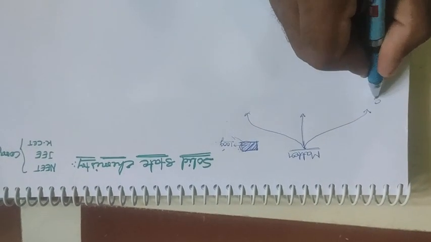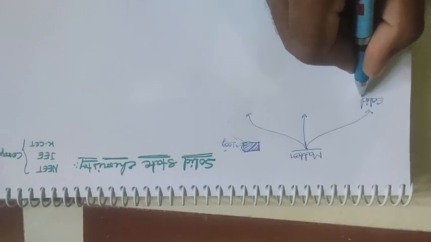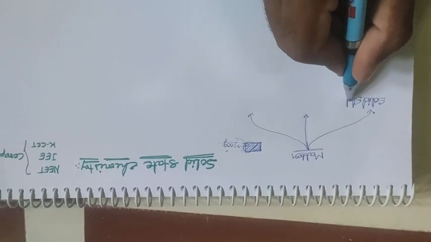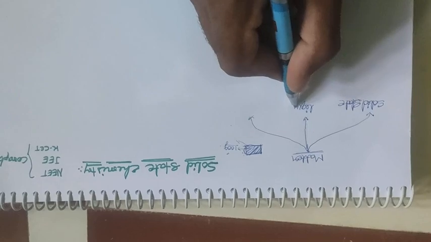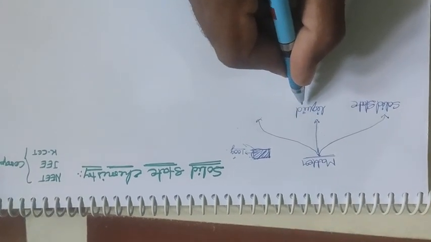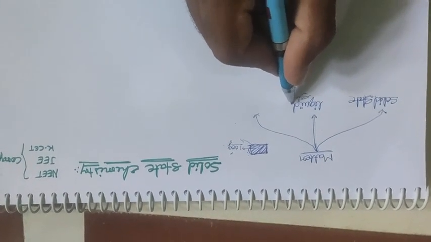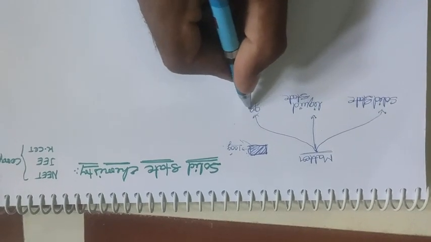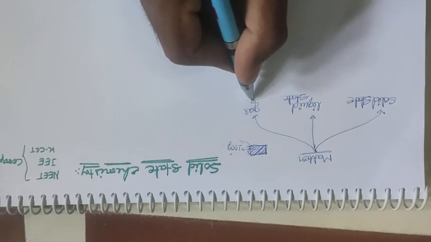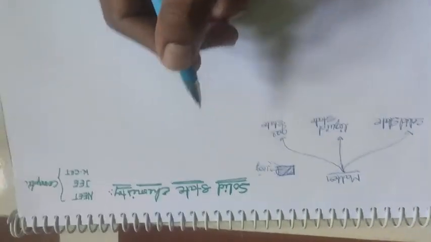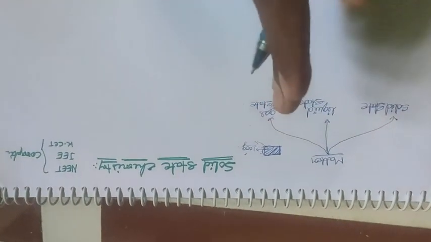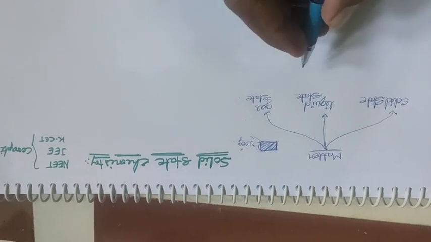One is called the solid state, one more is called the liquid state, and one more is called the gas state. And one more, the plasma state, is there, but that exists only at a high temperature.